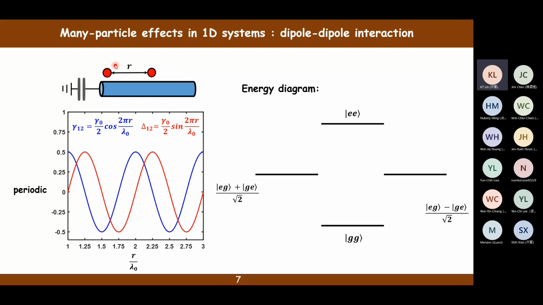So now we have two two-level atoms here. We have four energy states. Here EE stands for the two-excitation state, GG stands for the ground state, and here EG plus GE and EG minus GE are the single-excitation states, which are called the symmetric state and the anti-symmetric state.